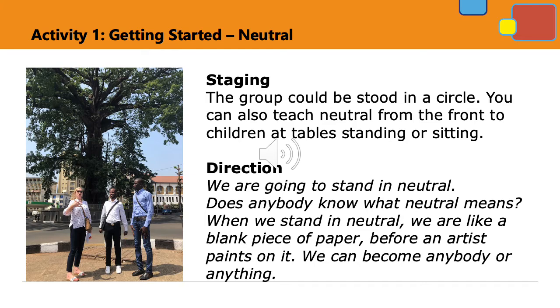They could be standing or sitting. Here are the words you can use under direction. We are going to stand in neutral. Does anybody know what neutral means? When we stand in neutral, we are like a blank piece of paper before an artist paints anything on it. We can become anybody or anything.